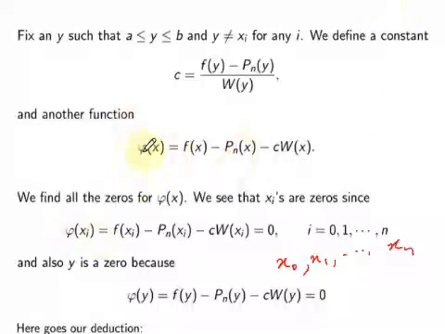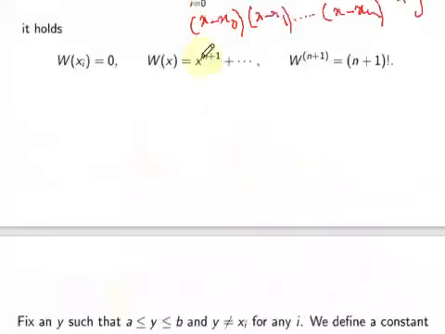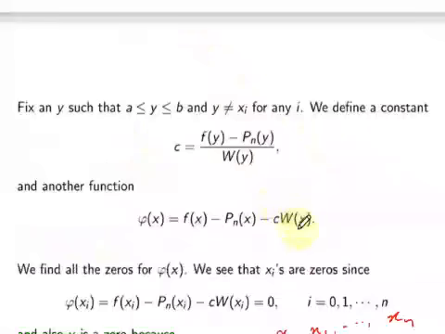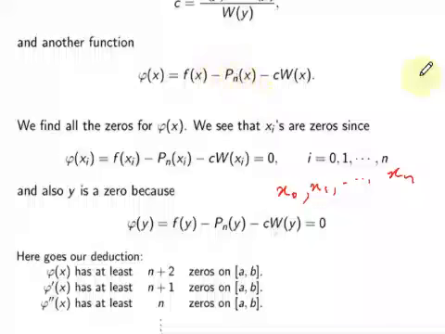This is an n plus 1 degree polynomial, this one is an n degree polynomial, and this one is an n plus 1 degree polynomial. Alright, notice those things. And when you plug in the nodes, the function value at each node is equal to 0. Alright, therefore these are roots of this phi function, right?